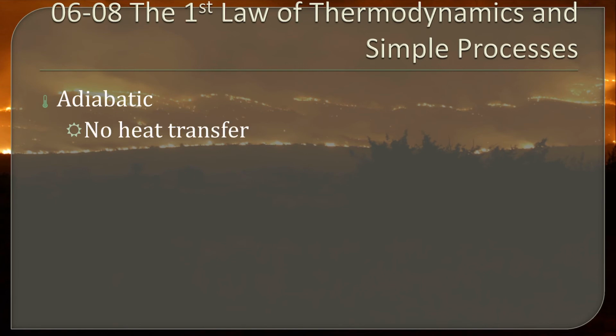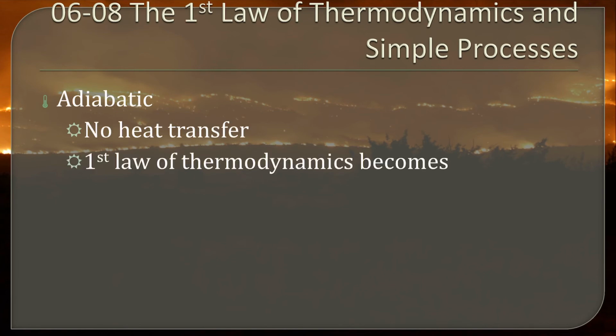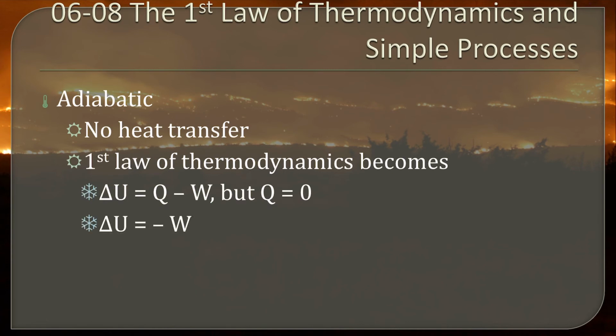Adiabatic means there's no heat transfer. If there's no heat transfer, the first law of thermodynamics becomes, well, the Q is 0, so the change in internal energy is just negative W.